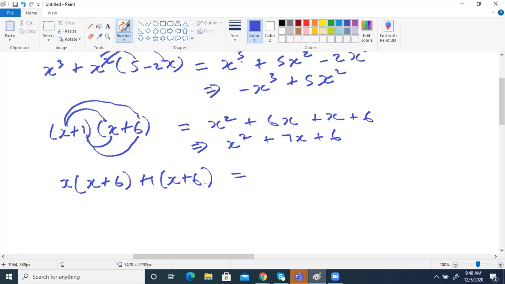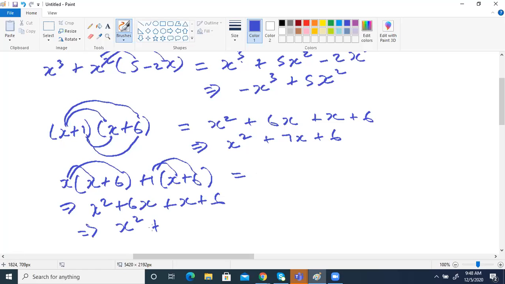It's the exact same concept, but you're just taking your time, right? x times this, x times that. Let me even work it one below the other. So it comes x squared, 6x, and then 1 times that, 1 times that, so 1x plus 6. So it's the same thing. We're just taking our time. So this is 7x plus 6.